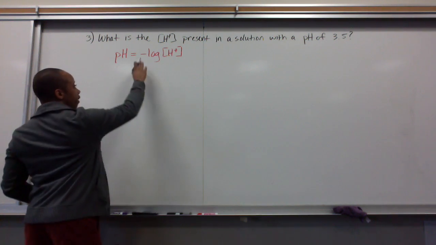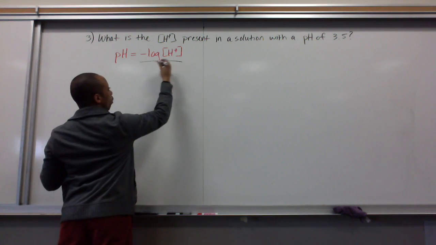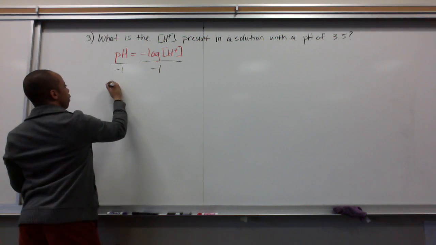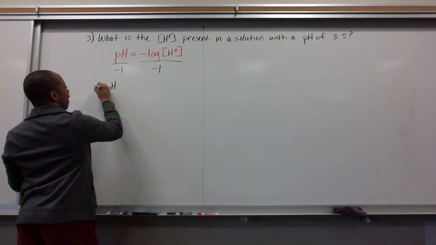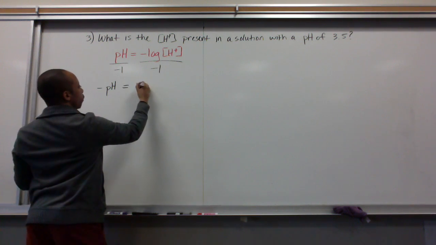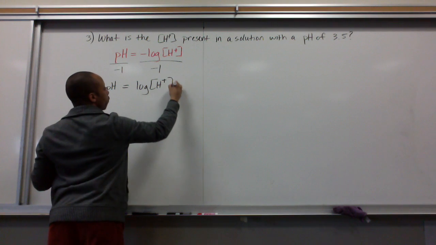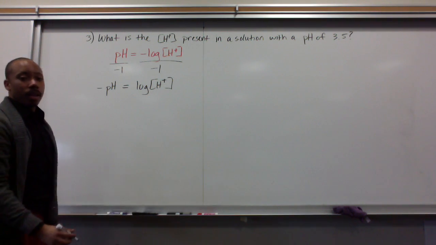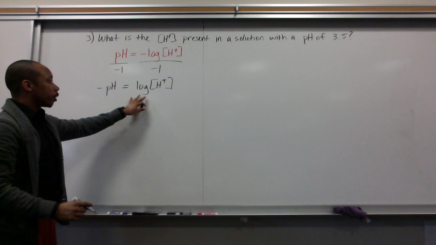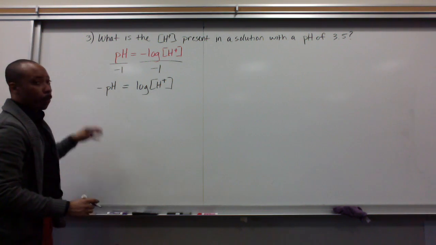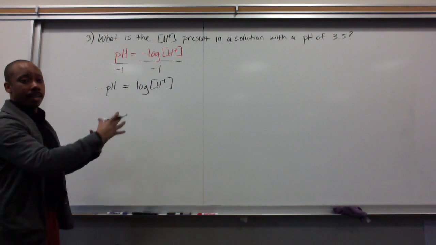So what we have to do is get our negative on this side. We can divide by negative 1 to get our negative on this side, and we get a negative pH equal to log of the concentration of H plus. Now to get rid of logs, we can raise each side to a power of base 10.